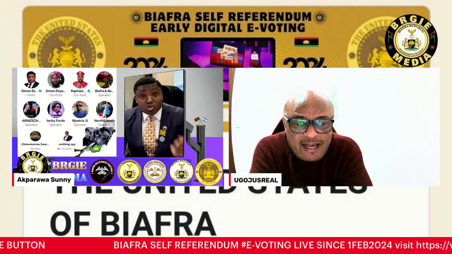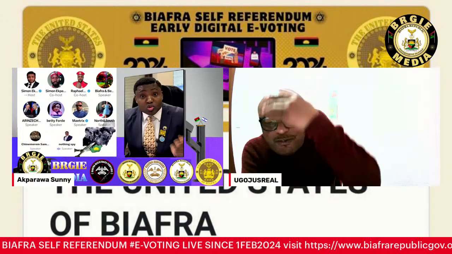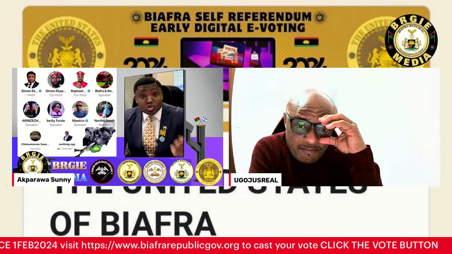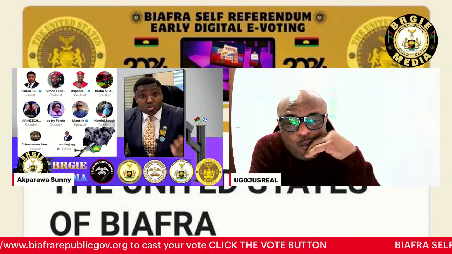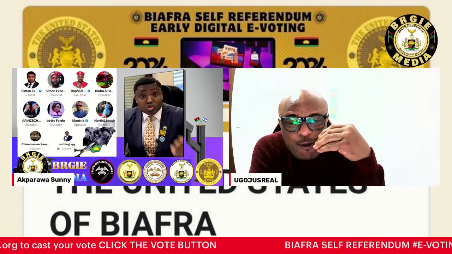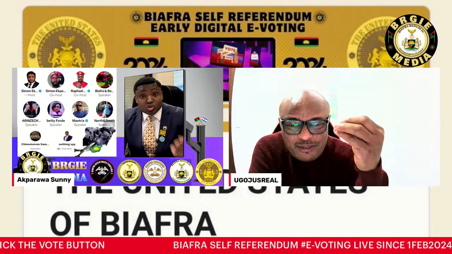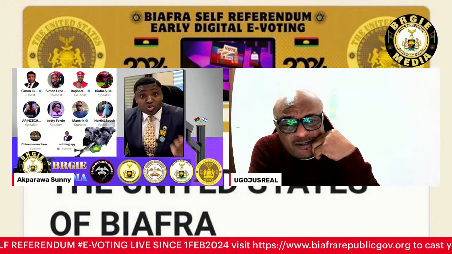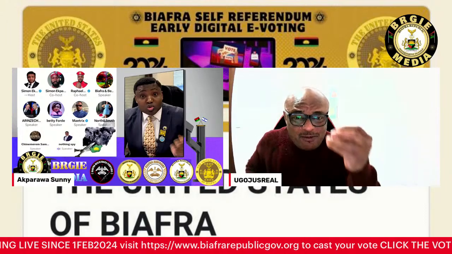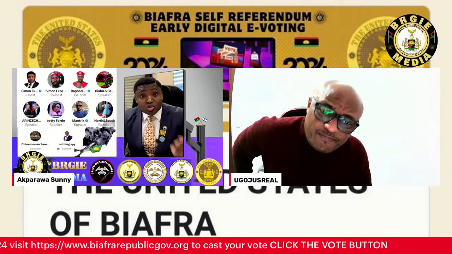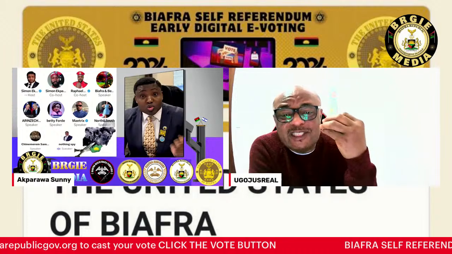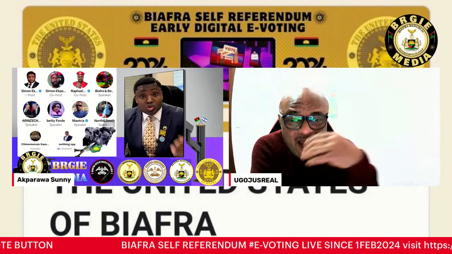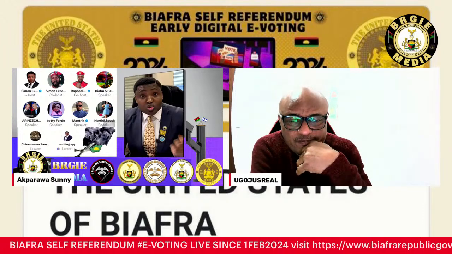We are voting because, if you followed the last program I did today, you will see how an Igbo man, a Biafran-born man, was deceived because he is so foolish. A Fulani man from the north came to your father's house and promised to pay you 30,000 naira a week to kidnap his own fellow Biafrans for the Fulani man, and he foolishly jumped into it.